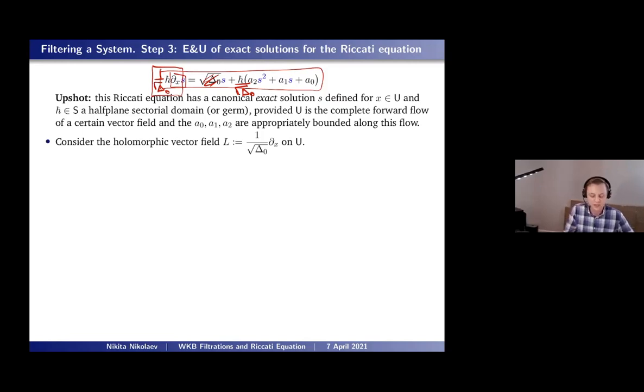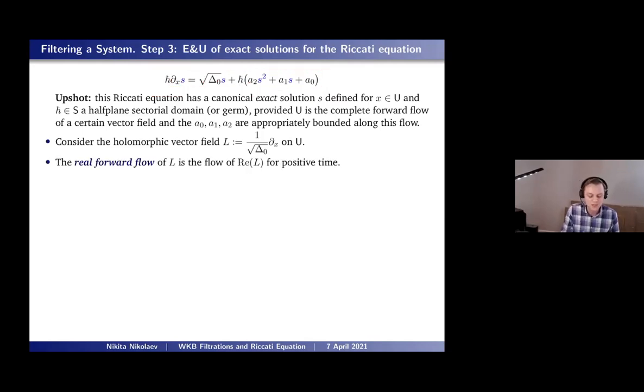So that's the vector field I need to consider, and I need to consider the flows of this vector field. More specifically, I want the real flows in a certain direction. By that I mean you take this holomorphic vector field, you take its real part, that's now some kind of real analytic vector field, and so I can consider its flows, and I will flow it in one direction. As I said, in positive time, this is a real vector field.